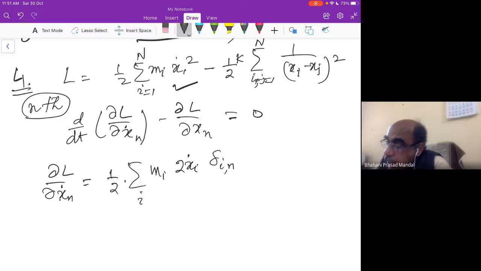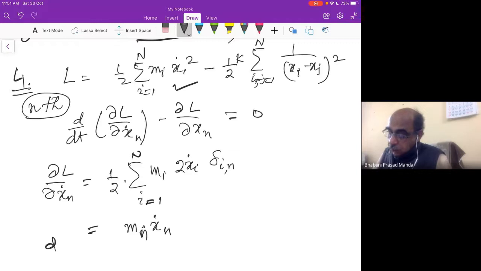When i and n are equal, this will be 1, otherwise it will be 0. Now this is a sum. i has all possible values from 1 to capital N, but only when i is n will this sum survive. So this will give you mi, the 2 will cancel with the half, giving mn xn dot. When i equals n, the sum will go away, right?